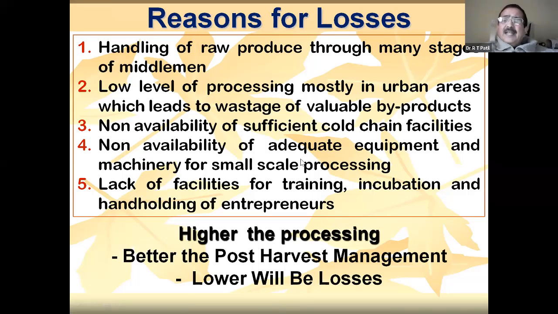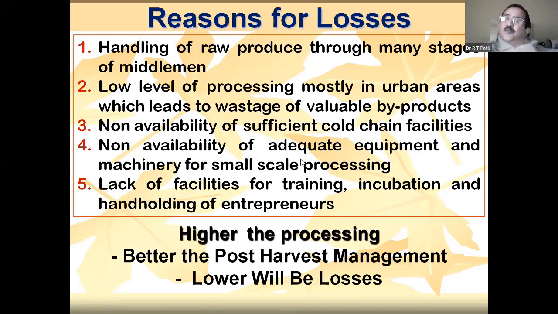So here I have written: higher the processing, better the post-harvest management. Because when there are processing units, they require raw material from the farmers only. If there are no processing units, the farmer has to sell his produce in the APMC markets.